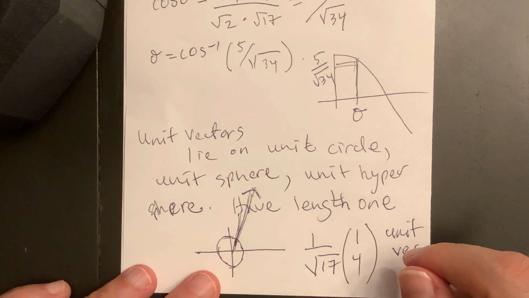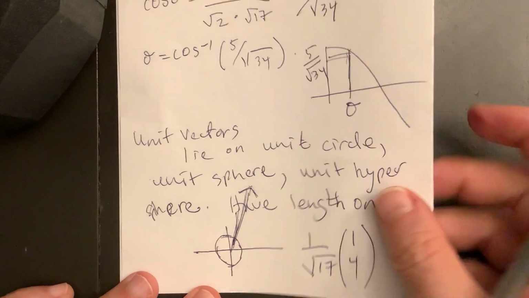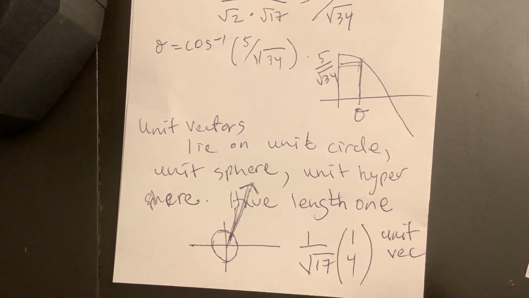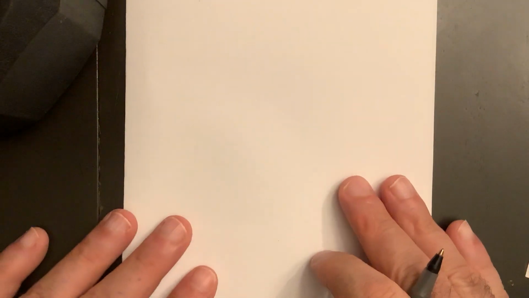Okay, good. If I know a vector is a unit vector, especially in R2, we can describe it with just its angle. So that's kind of important.